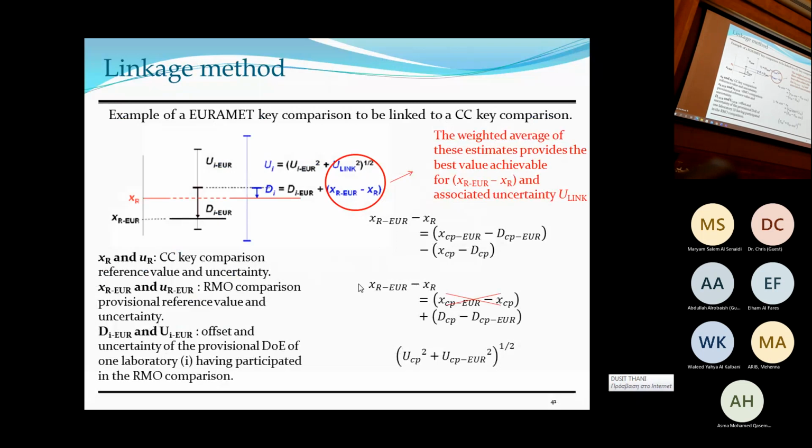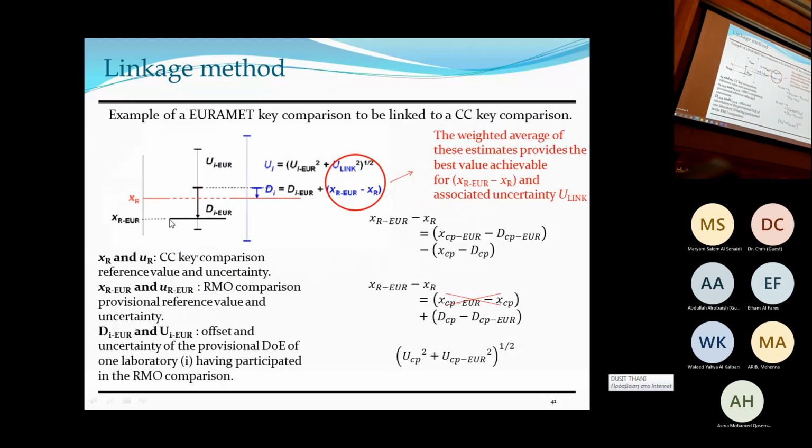So let me try to summarize this. This is an example of a Euromet key comparison, which is to be linked to a CC key comparison. Let's concentrate on the diagram here and read the definitions.